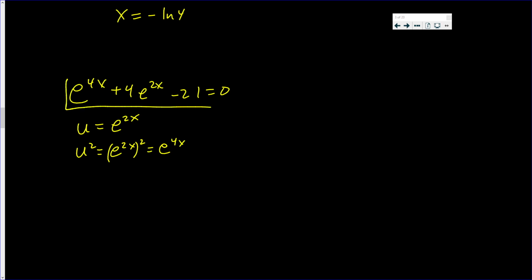So rewriting this using u's, e to the 4x I write u squared, plus 4 e to the 2x, which is u, minus 21 is 0. Two numbers that multiply out to negative 21 but add up to 4.